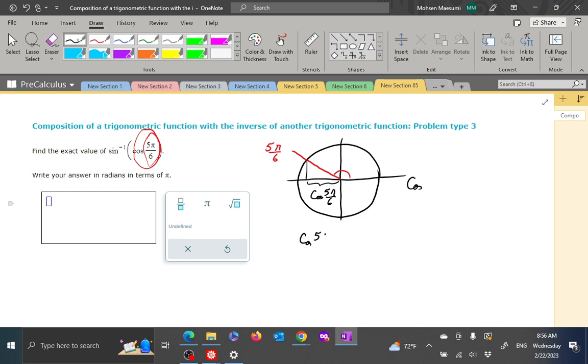Cosine of 5π/6 is minus radical 3 over 2. You know it's minus because we are on the left side, and then we get the answer from the reference angle, which is π/6, or look it up on the table, or on the unit circle.